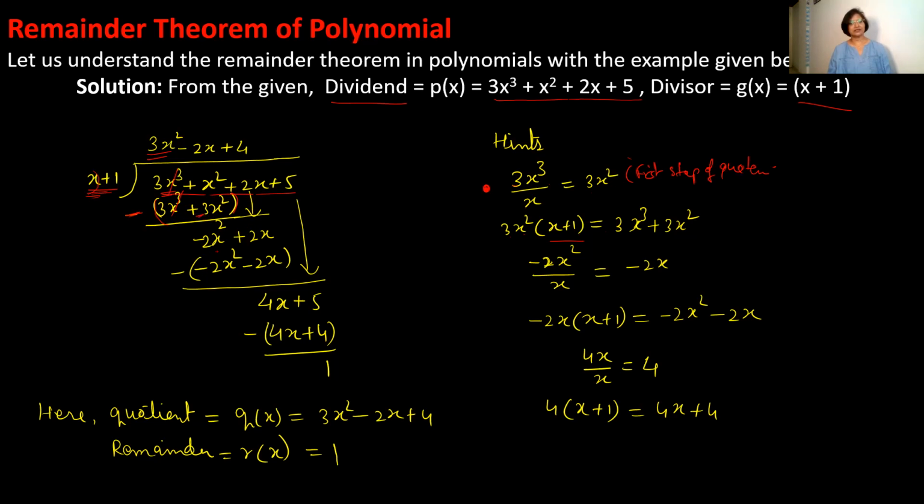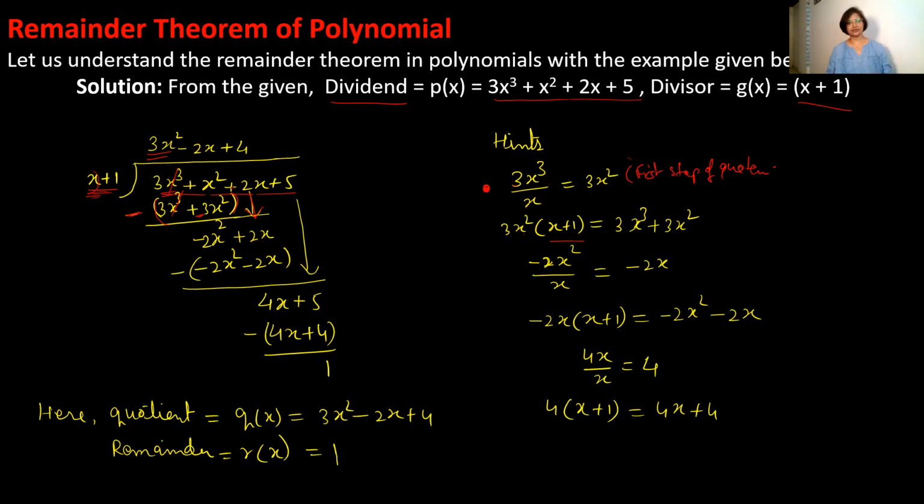Again, you have to repeat this method, what we have done here. Now you have to pull down the next term, because in the divisor there are two terms, so here also there should be minimum two terms. So we have pulled down 2x here, plus 2x, and you pull it down with its sign.